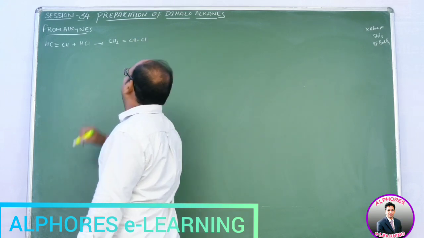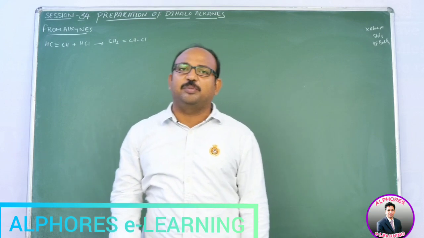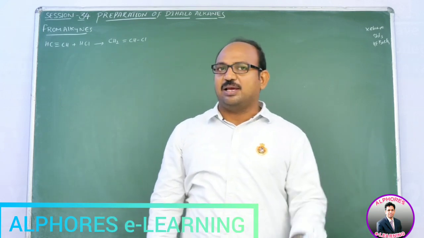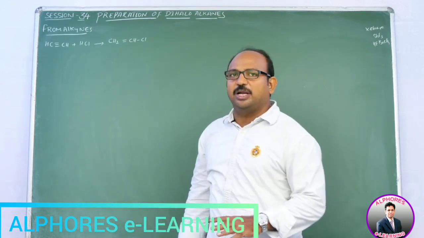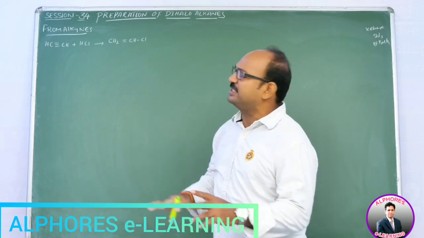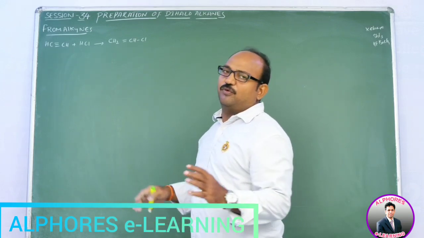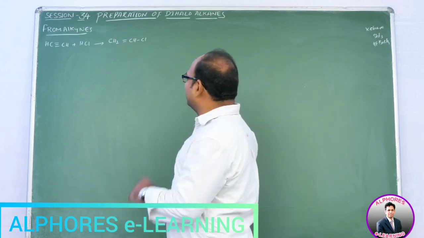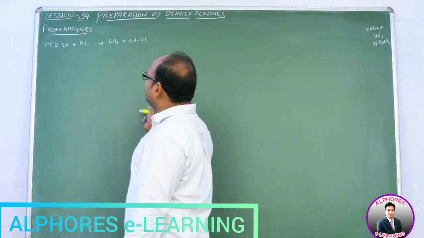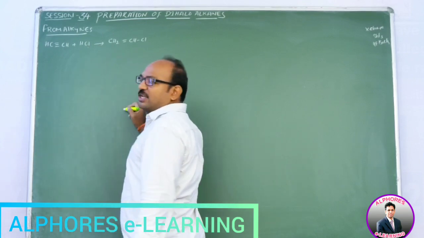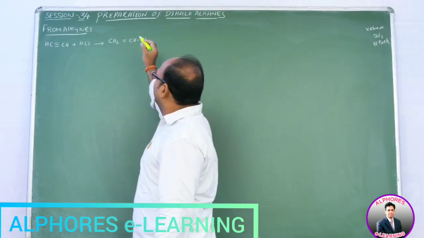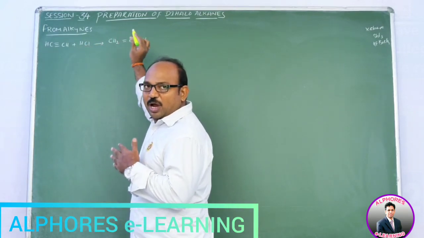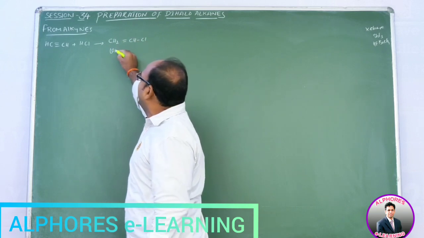Which carbon attaches to which one is not necessary here because it is a symmetrical alkyne, meaning both the triple bonded carbons are in the same environment, attached to hydrogen only. If one is an alkyl group and the other is hydrogen, then we have to think about that. So in such a case, first upon addition of HCl, the alkyne is converted into an alkene derivative.